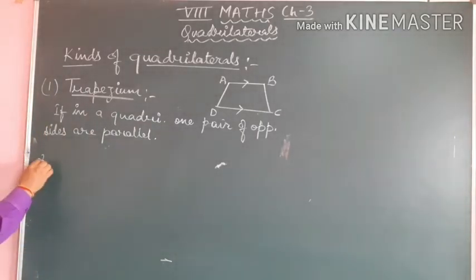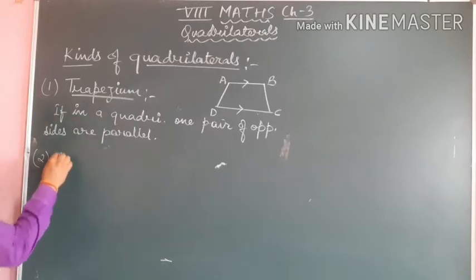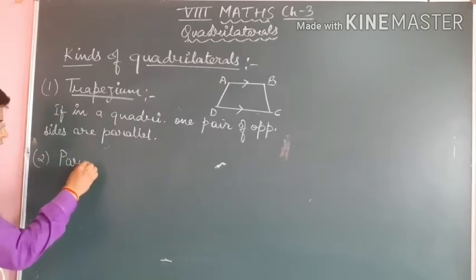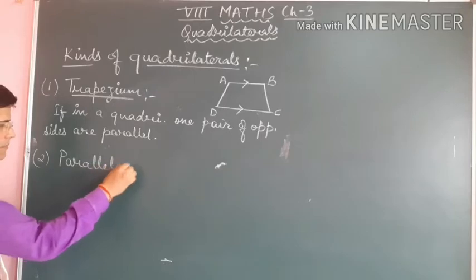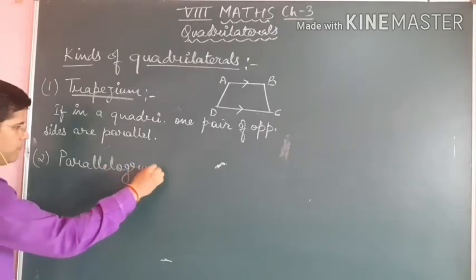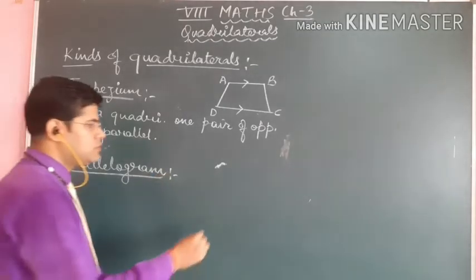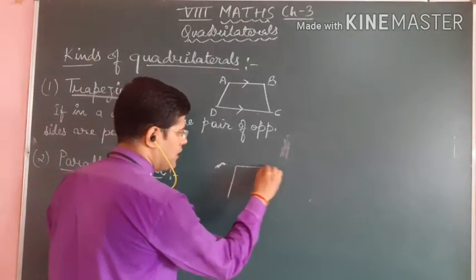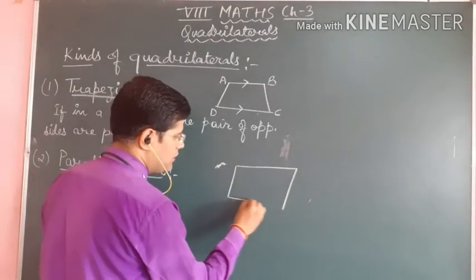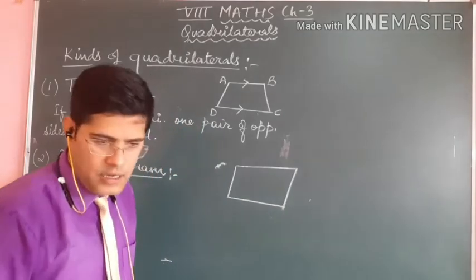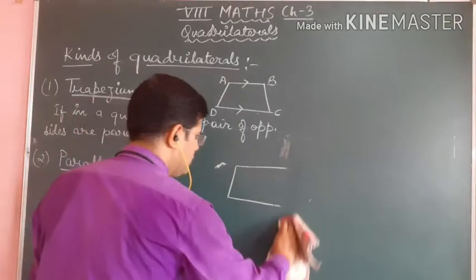Now the second one, and this one is going to be the most important quadrilateral, that name is parallelogram. What is a parallelogram? This is the most important quadrilateral, so I also want to write its properties.